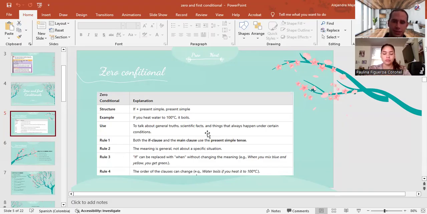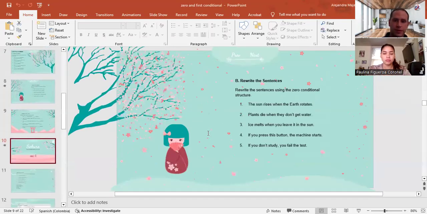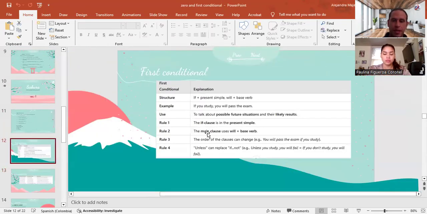But we use first conditional to talk about possible future situations and their likely results. In first conditional, something needs to be completed and maybe in the future something could happen, right? That's the difference.